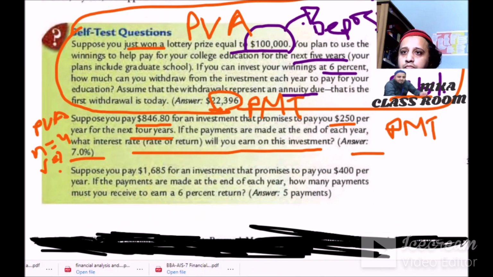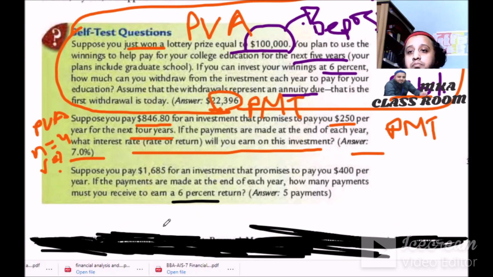Suppose you pay 1,685 for an investment that promises to pay you 400 per year. If the payments are made at the end of each year, how many payments must you receive to earn 6% return? So here it has said 6% return.